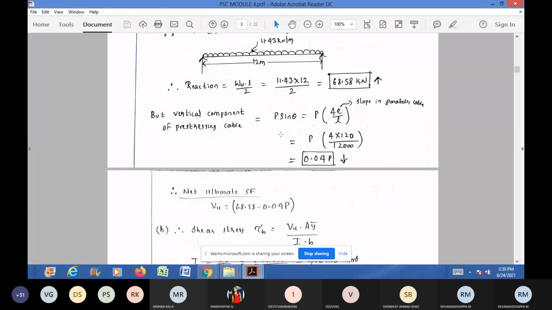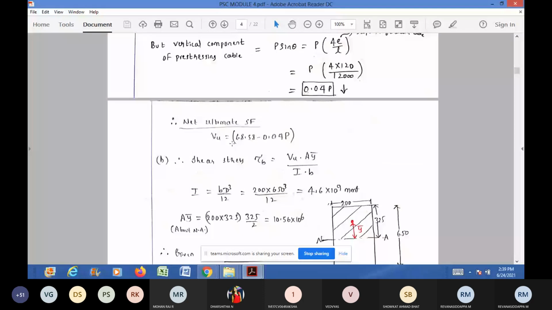So here I got the final expression for the net ultimate shear force at the support: V is equal to 68.58 minus 0.04 P.